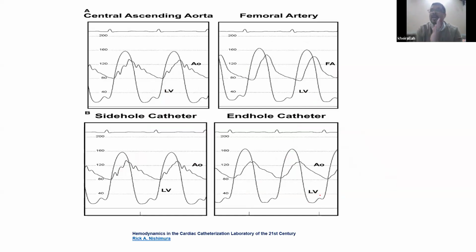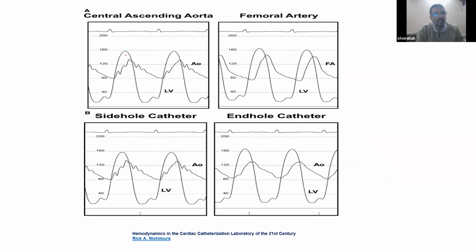Now let's see the practical application of that. Here we have an aortic catheter. Now this is an aortic catheter and they are comparing LV and aorta. And like we said, what you should have is a coincidence between these two curves.